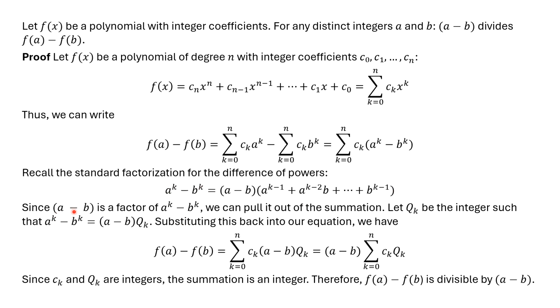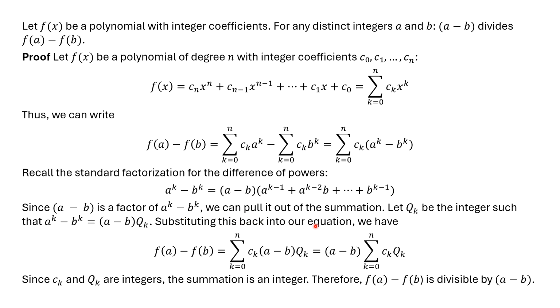And since a minus b is a factor of a to the k minus b to the k, just from this here, we can pull it out from the summation and let capital Q sub k be the integer such that a to the k minus b to the k equals a minus b times Q sub k. In other words, Q sub k is this part here.